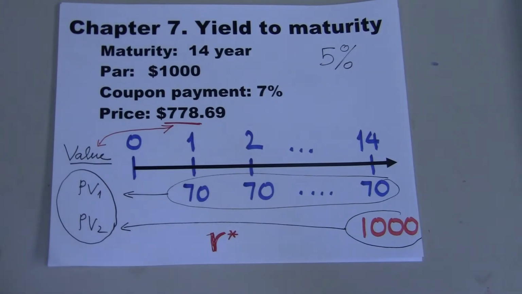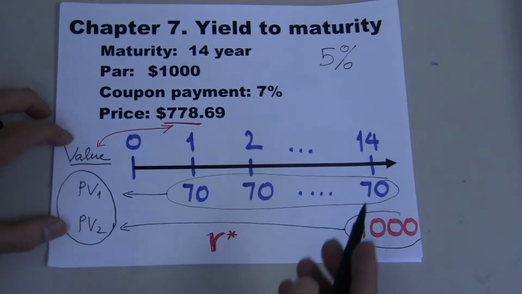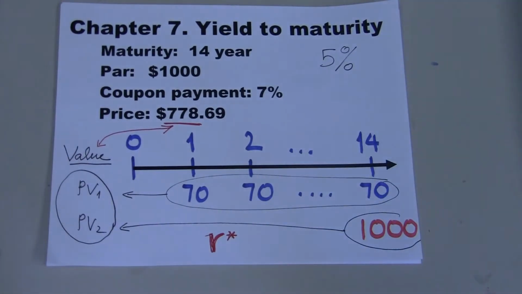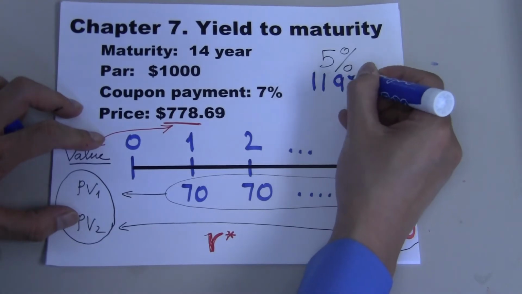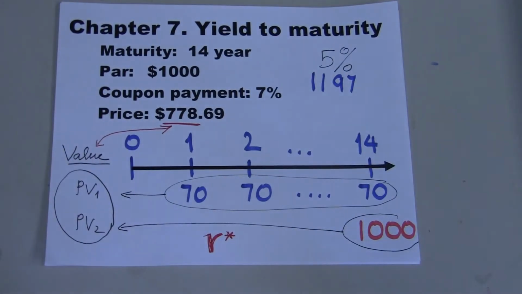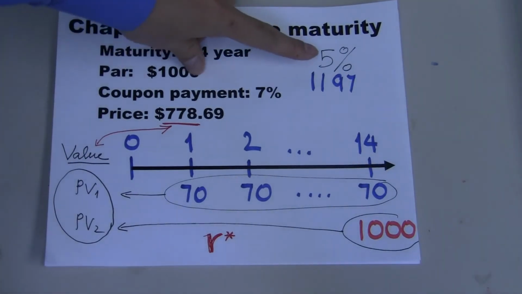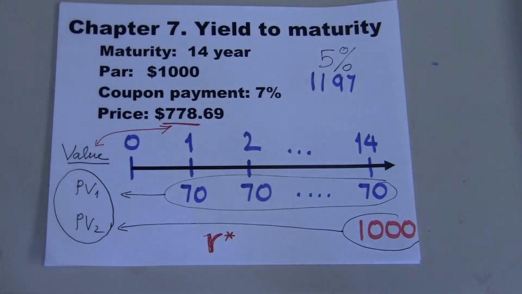I figured out that the price is not 778, but actually around 1,097. So 5% is not the yield to maturity for that bond.